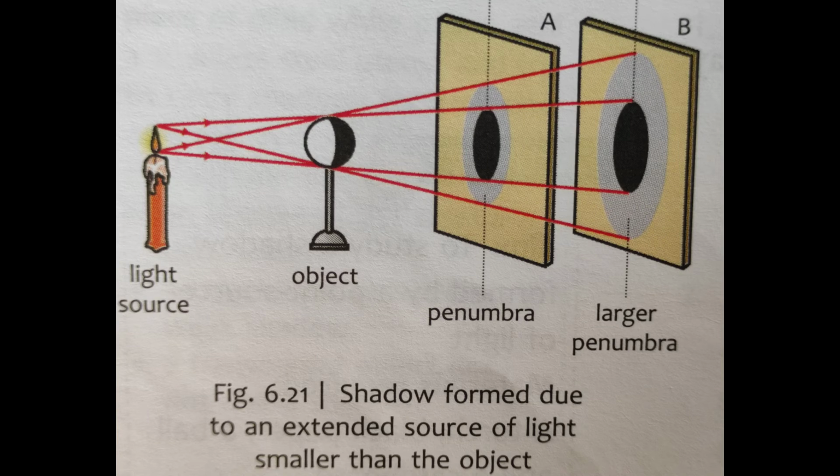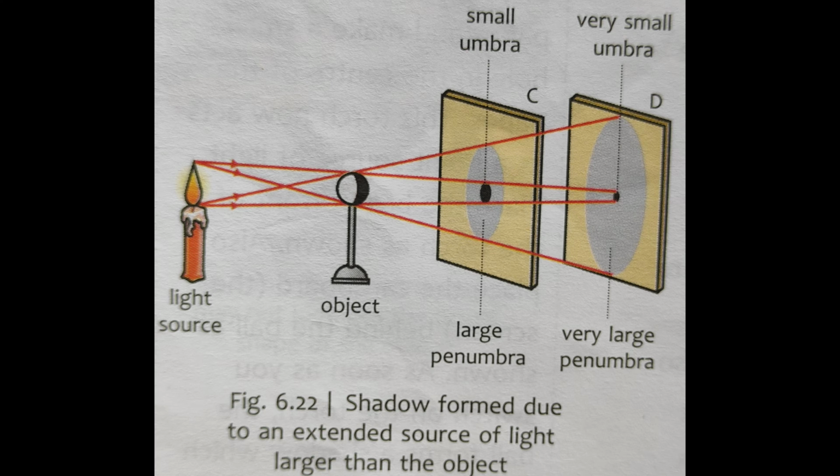So here it is shown over here. Then we are going to the shadow formed when the source of light is larger than the object. So here is the diagram.